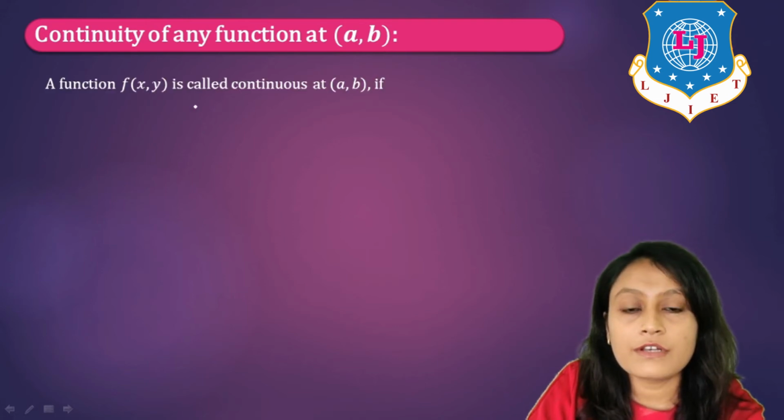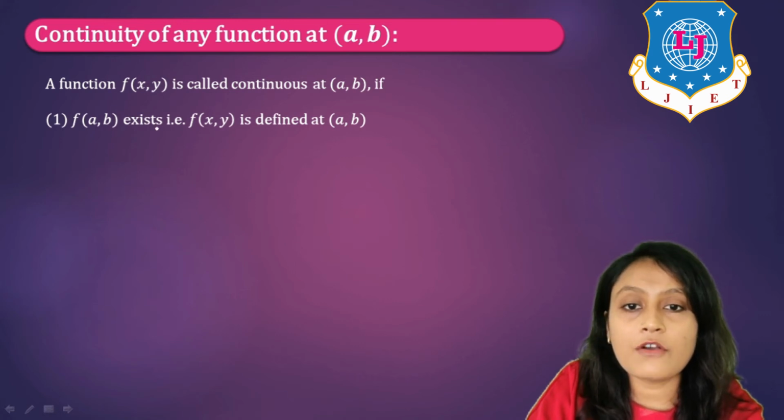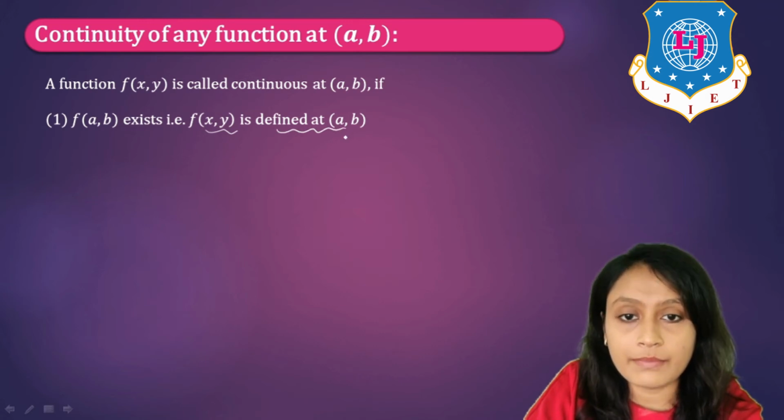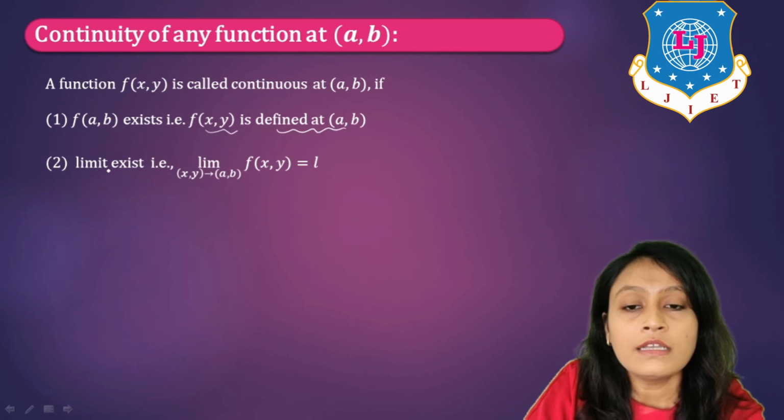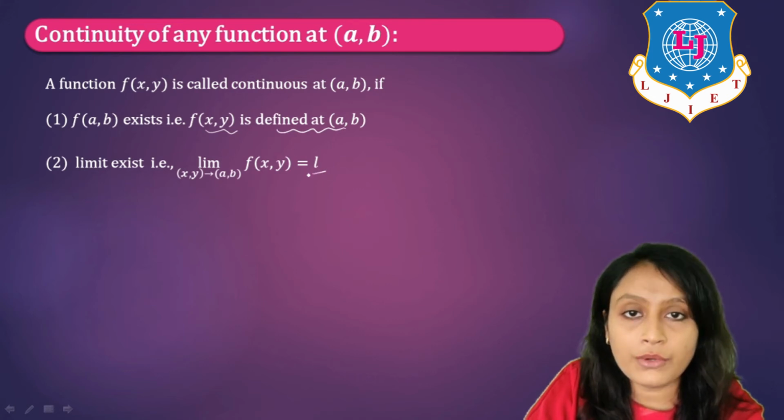Firstly we will study its definition. A function f(x,y) is called continuous at (a,b) if, first, f of (a,b) exists. This means the function should be defined at this particular point (a,b). The next point is that the limit exists, meaning the limit as (x,y) tends to (a,b) of f(x,y) equals L, and this L should be a unique number.